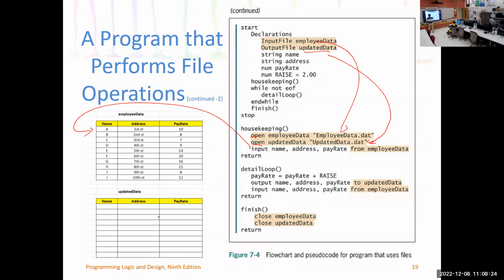Then you go to the detail loop. For every record, you just do the action of increasing the rate by 2, and then the action of writing into the new file. When you write to the new one, you're done with that one record. If you want to move to the next record, you have to read it from the next one. That's the process.